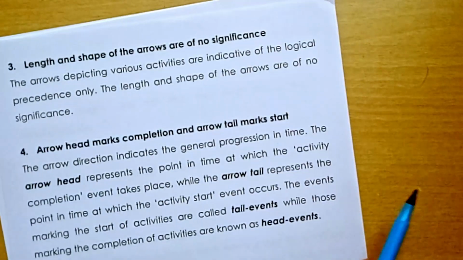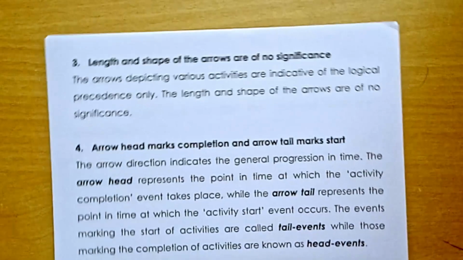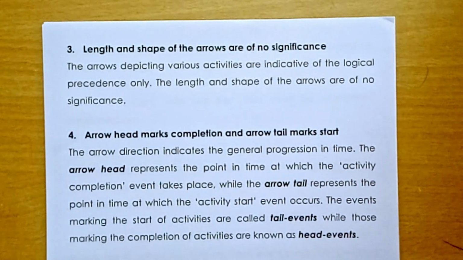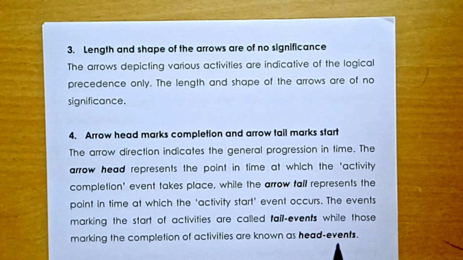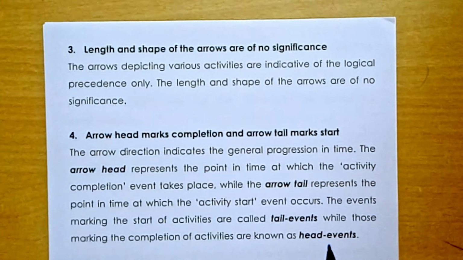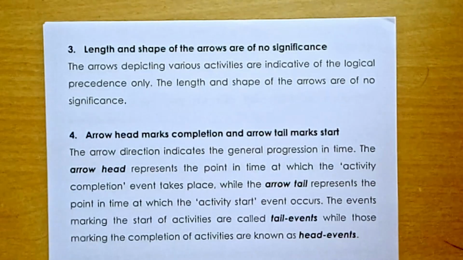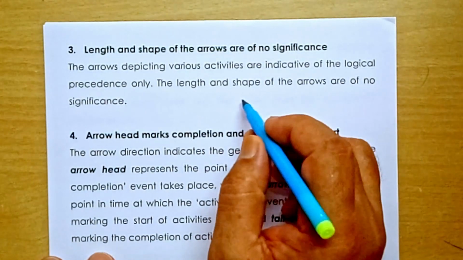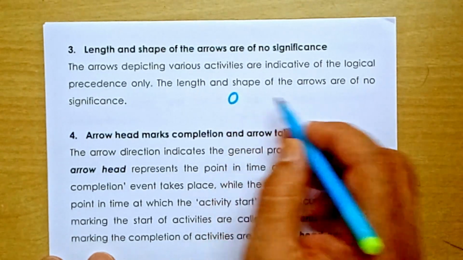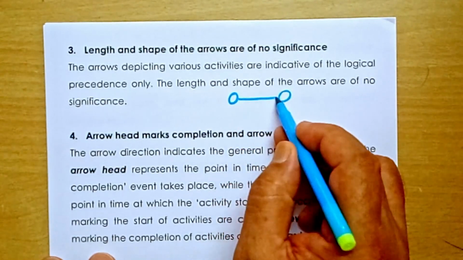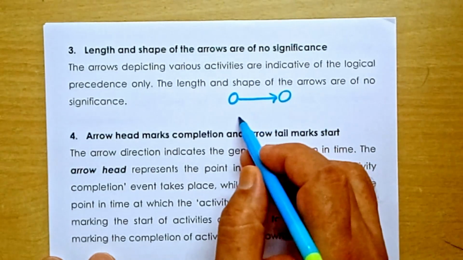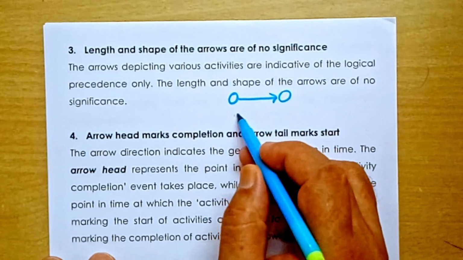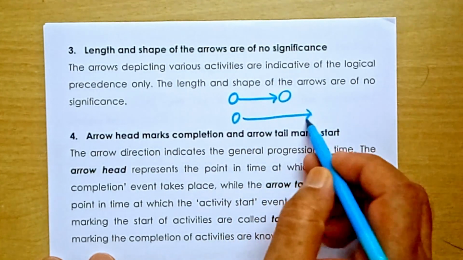Here also there is not much complication to understand this rule, only you apply your common sense. Length and shape of the arrow are of no significance. When you draw a network diagram, you'll see one arrow maybe of this length and another arrow maybe of this length.